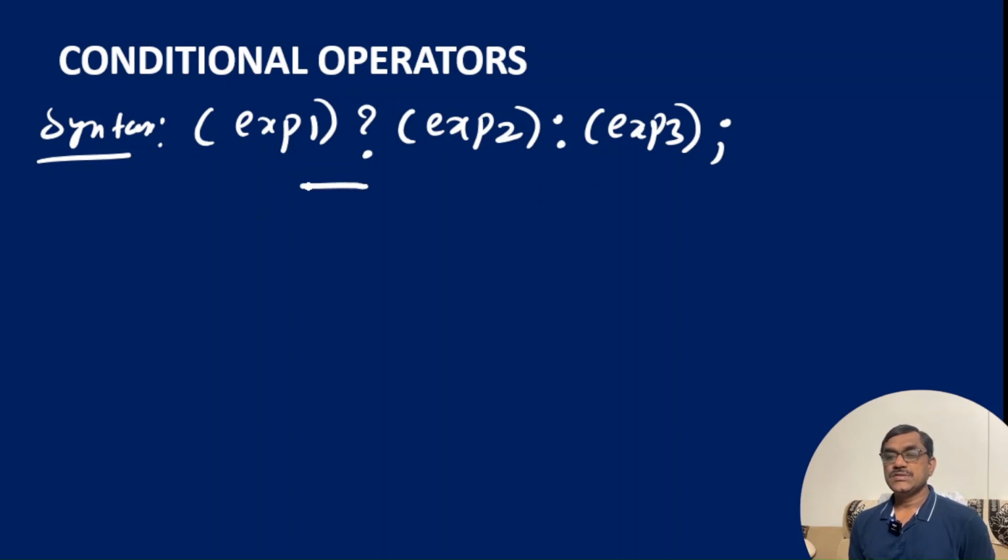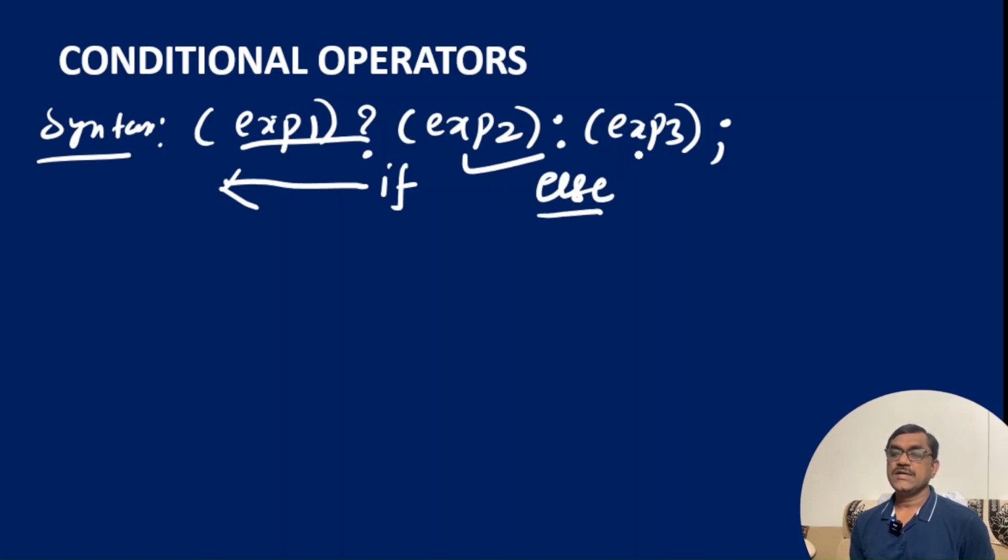So this syntax can be read from right to left. Question mark is similar to if: if expression 1 is true, then execute expression 2. Else, colon means otherwise, or we can say else execute expression 3. This is the syntax of the conditional operator.